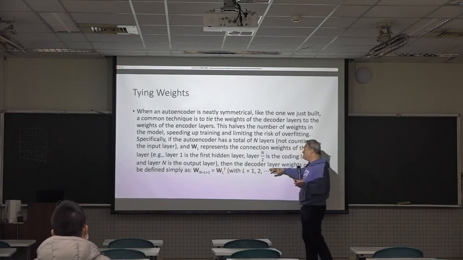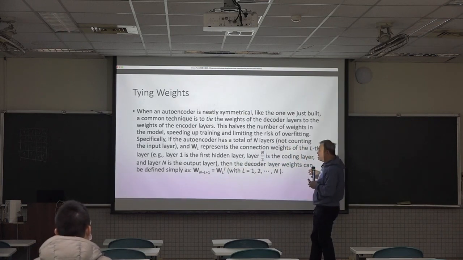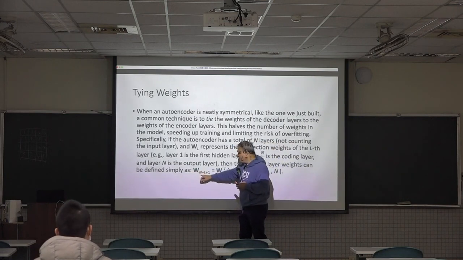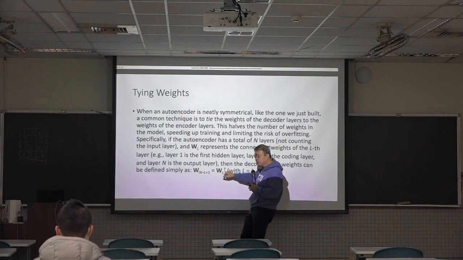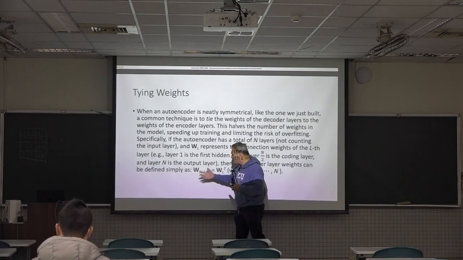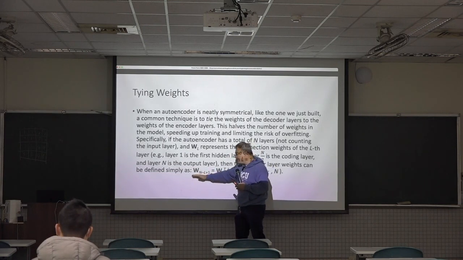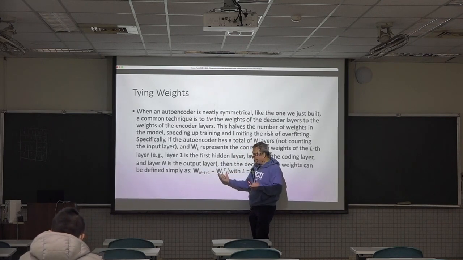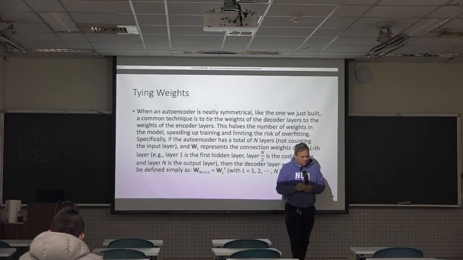Then the decoder layer weight can be defined as W(n minus L plus 1) equals WL transpose. This transpose is important. It's not exactly the same. The weight of each layer in the decoder is the transpose of the weight of the corresponding layer in the encoder.